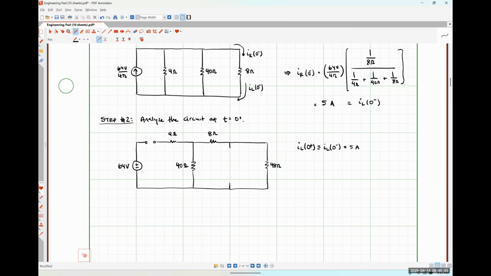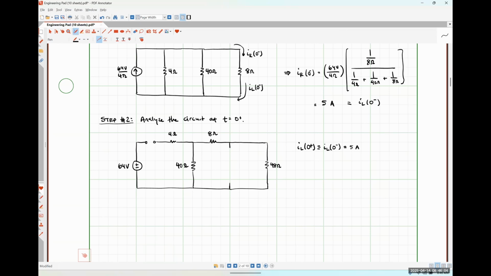So some people choose to write this as an inductor, and then they just make a note that there is a fixed amount of current. I don't do that. I literally replace my inductor at t is equal to 0 plus with a current source, because the inductor at this very specific instant in time is behaving exactly like an ideal current source.